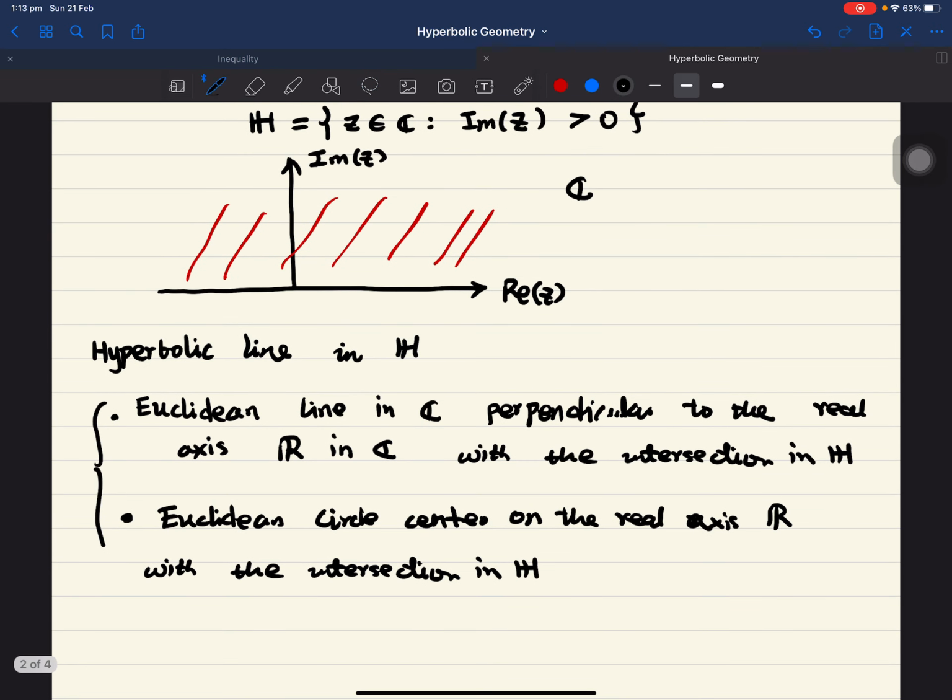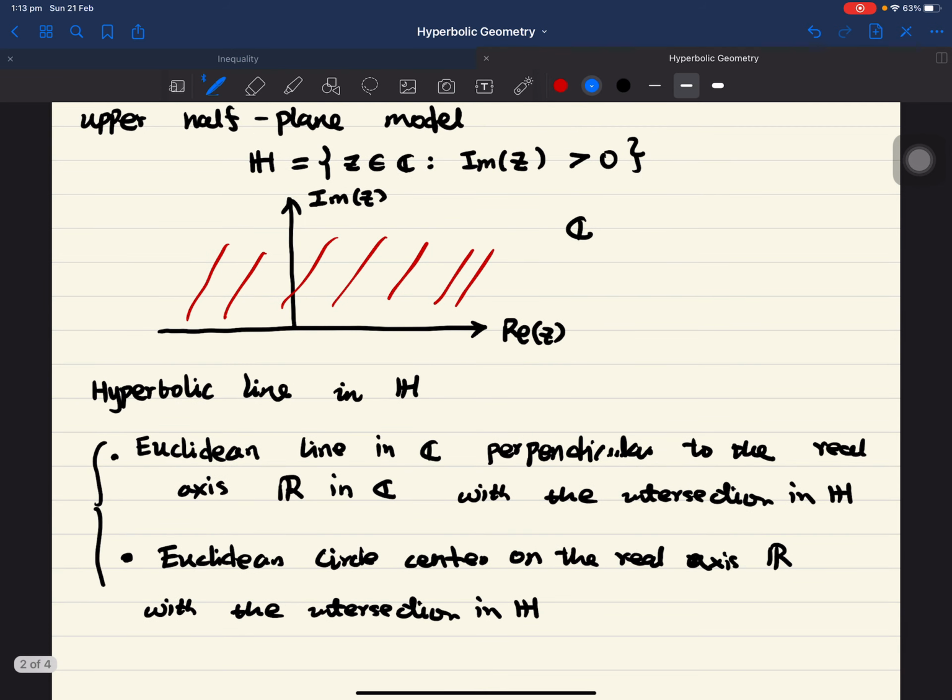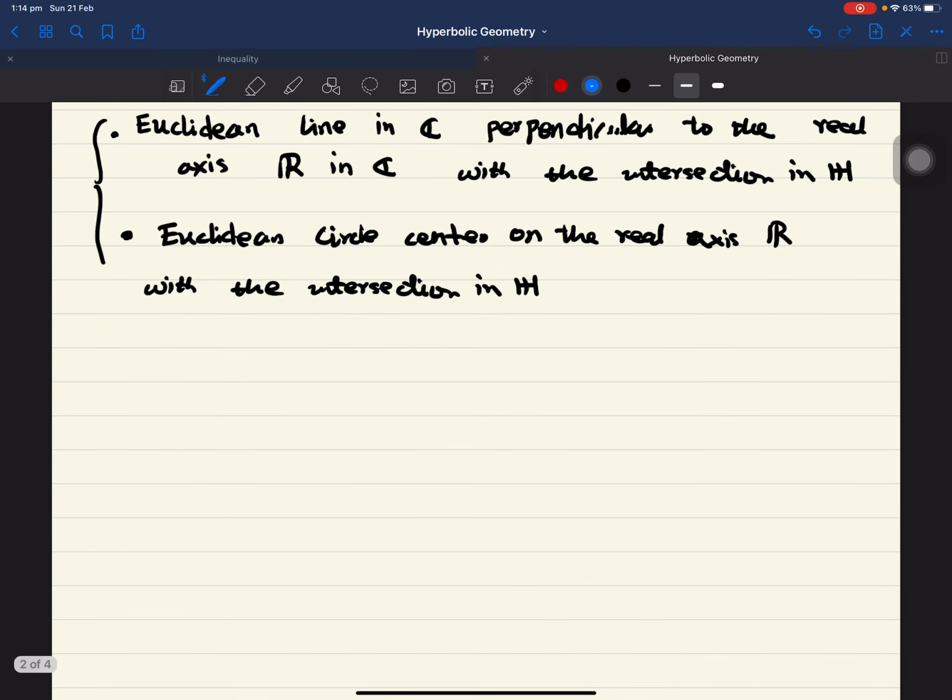So let's have a look here. Those are all hyperbolic lines. Let's call them L1, L2, L3, and L4.